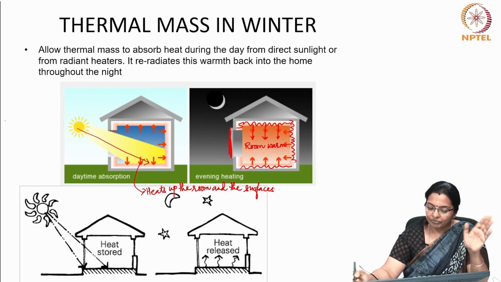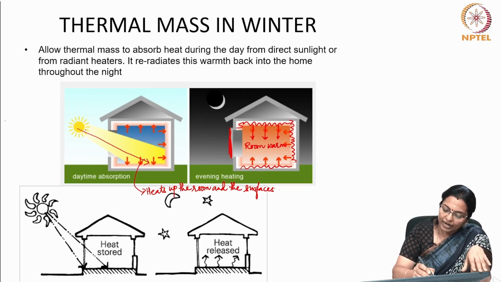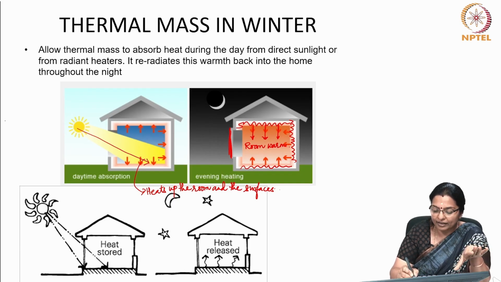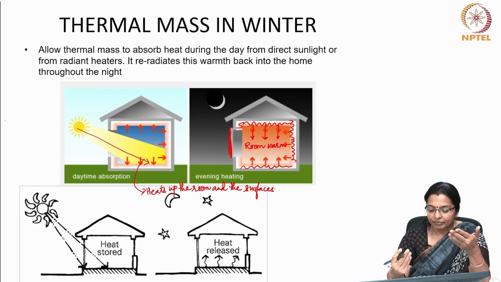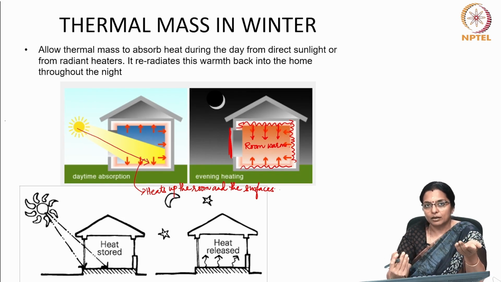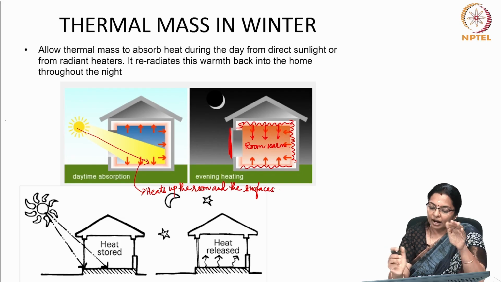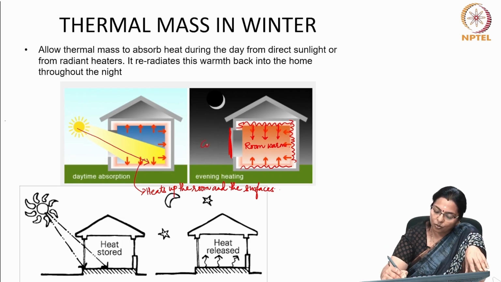During daytime, again you open the window and allow the sunshine to enter, and the solar radiation will again keep the walls warm. Again close the window in the evening. When the outside is cold, the indoors will be warm.